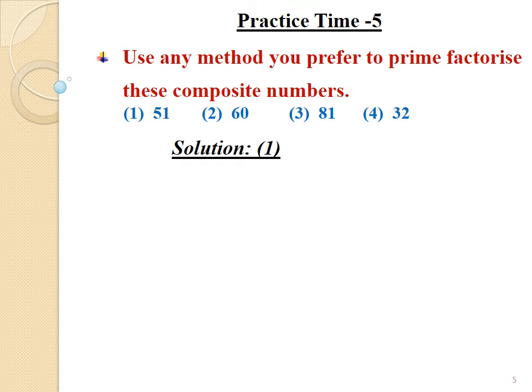Sum number 1 I am solving by both the methods. Remaining sums I will solve by only division method. So now let us solve sum number 1 using division method.